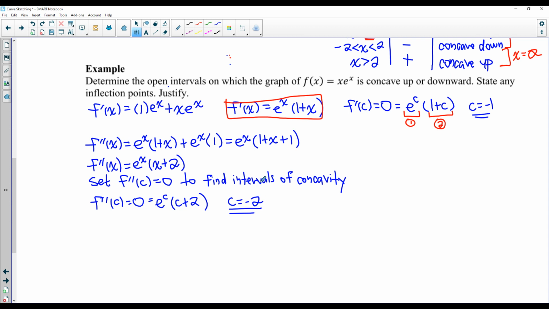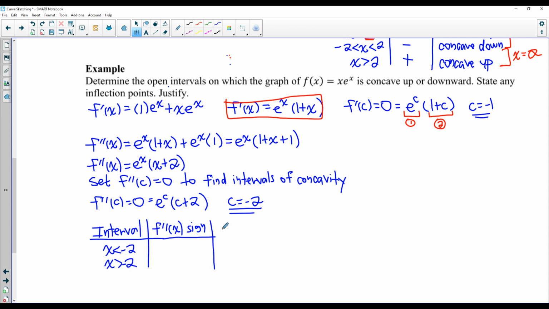So let's go ahead and make our interval chart now. We'll say we have our interval. We'll also have two of them. Okay, so if x is less than -2, and when x is greater than -2, we want our sign for f double prime of x.